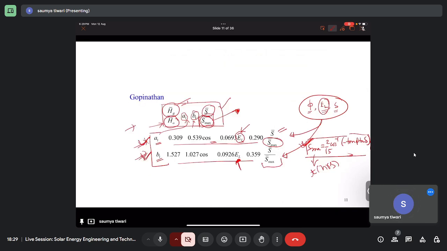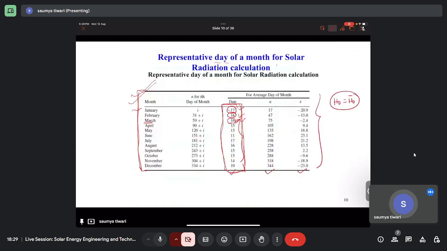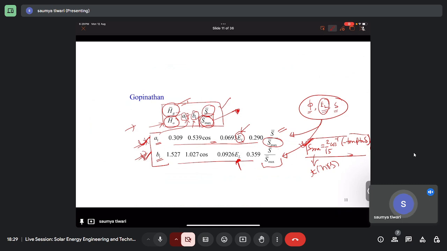Now, one another empirical relation. We have seen that this a and b are in terms of your sunshine hours. But Gopinathan also included factors like precipitation and some meteorological parameters, and he basically updated this formula and updated the a and b parameters to a1 and b1.